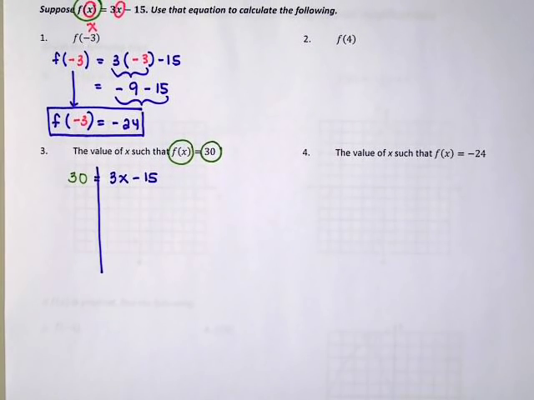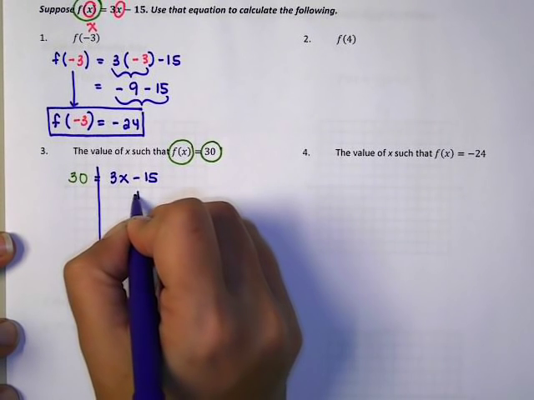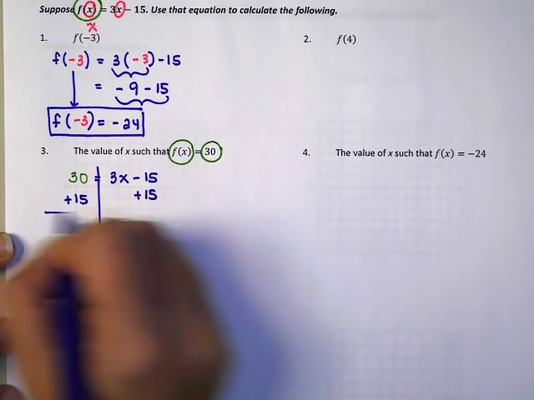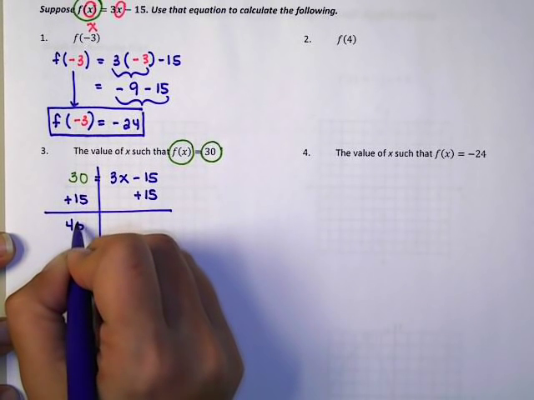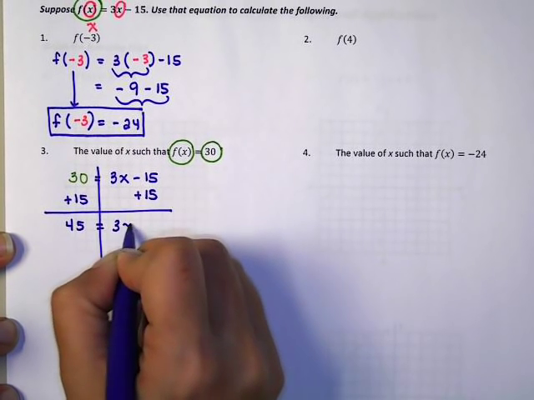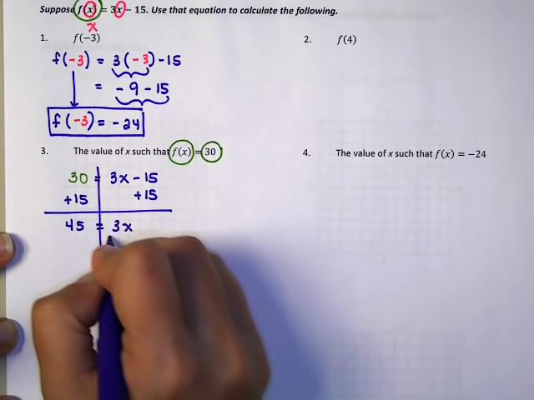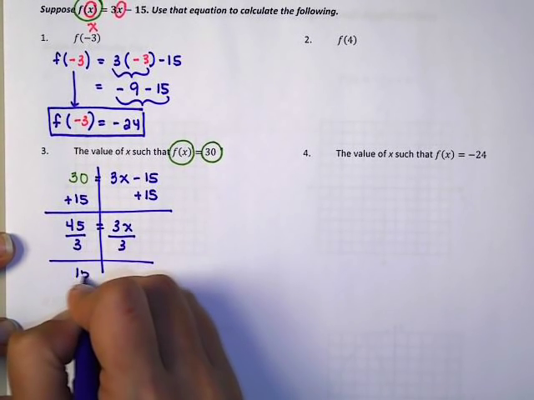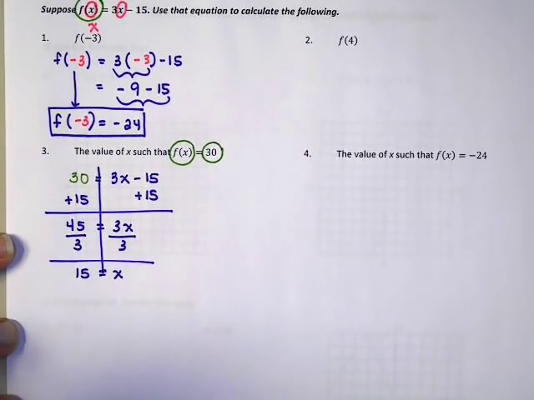Now to solve this, I'm going to need the same process as solving equations. So I would add 15 on both sides, and I would get 45 equals 3x. Then I would divide by 3 on both sides, and I would get 15 equals x.